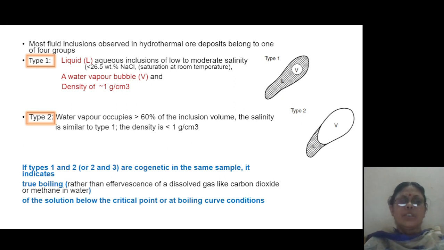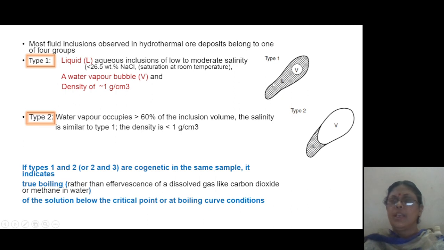Most fluid inclusions observed in hydrothermal ore deposits belong to one of four groups: type 1, type 2, type 3, and type 4. What is type 1? There is liquid, L, and there is vapor, and liquid occupies most of the fluid inclusion. You can see the hatched part in the fluid inclusion.